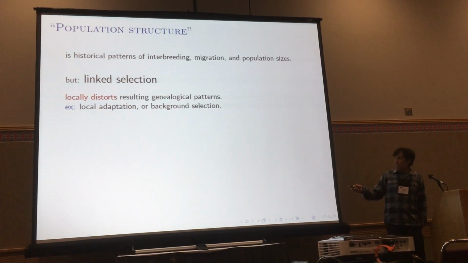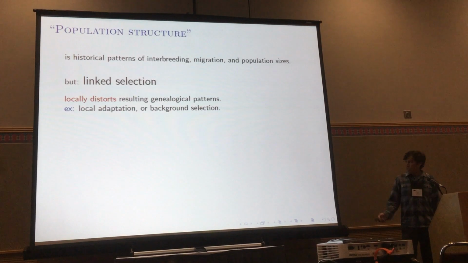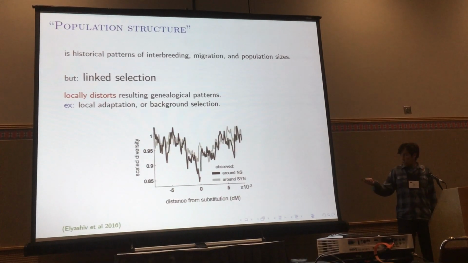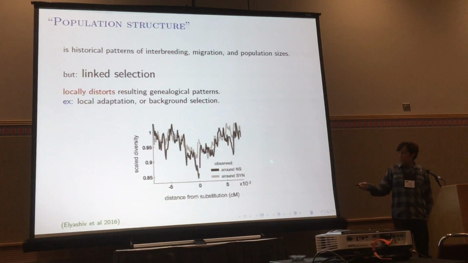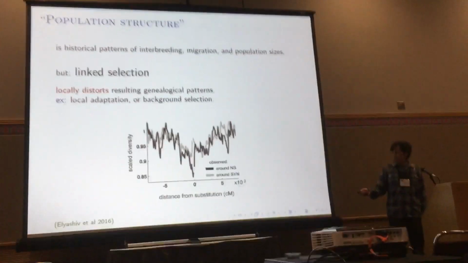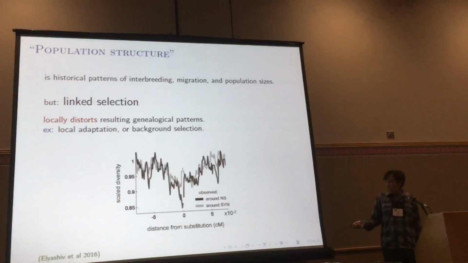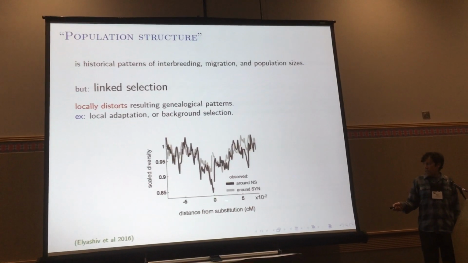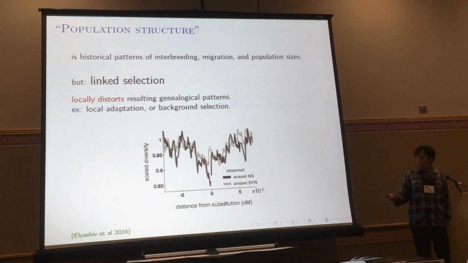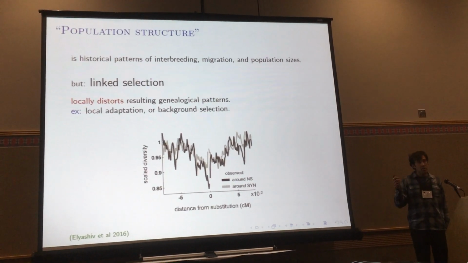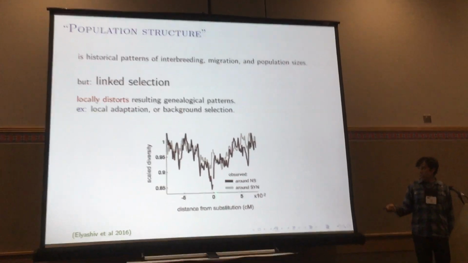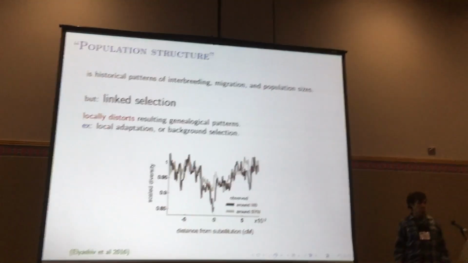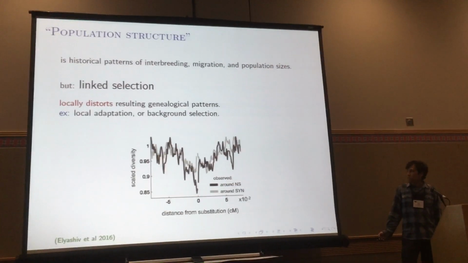There are lots of other ways that linked selection distorts these genealogies locally. A common example is the dip in diversity around non-synonymous substitutions. What this plot is saying is that if you look at a non-synonymous substitution between two Drosophila melanogaster, the mean time to common ancestor is like 5 or 10% less than in other places on the genome.